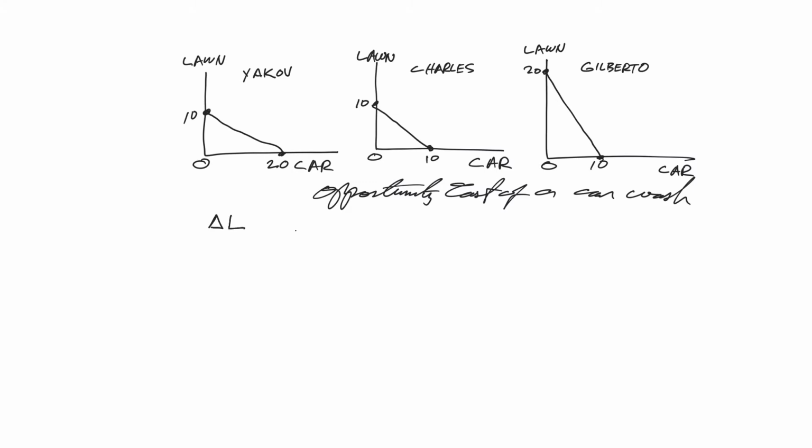We're going to divide the change in lawns by the change in car washes. Now we use the Greek letter delta, this here, in economics and in math, to denote change. It means change in.